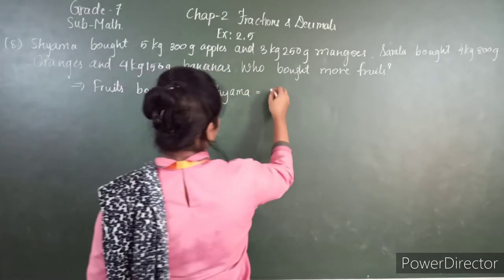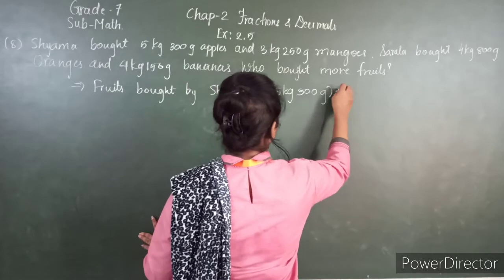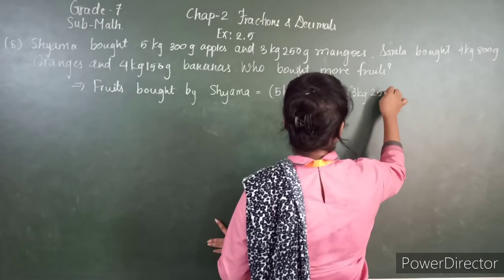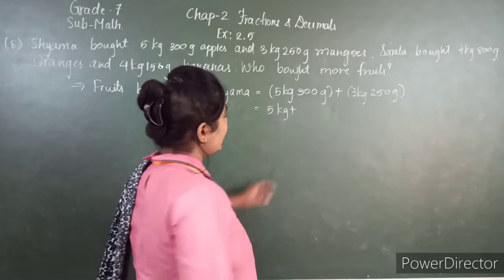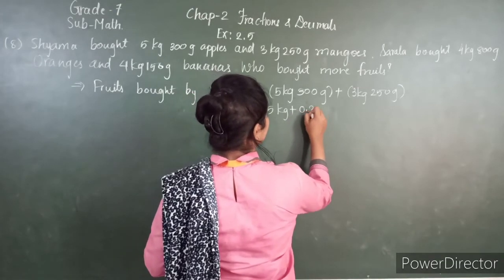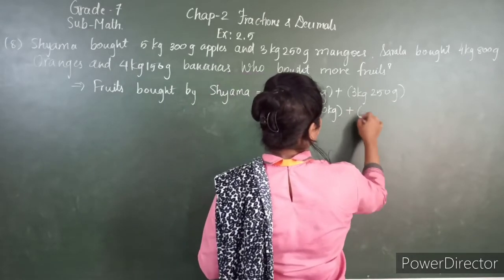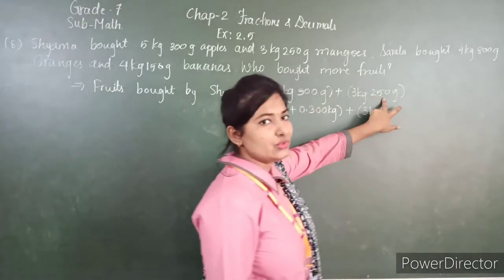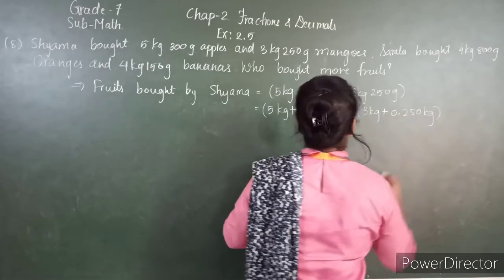Fruits bought by Shama is equal to 5 kg 300 gram plus 3 kg 250 gram. So 5 kg plus, if we convert this 300 gram into kg, then it is 0.300 kg. Then 3 kg plus, if we convert this 250 gram into kg, then it is 0.250 kg.